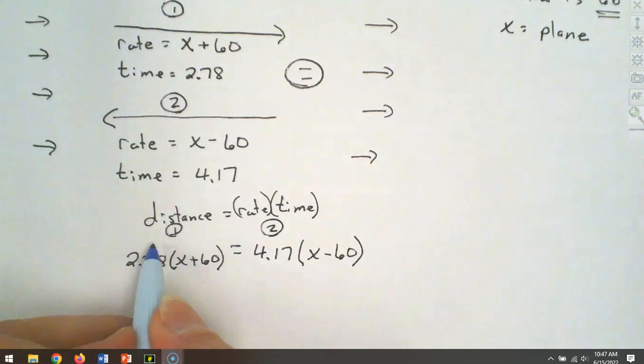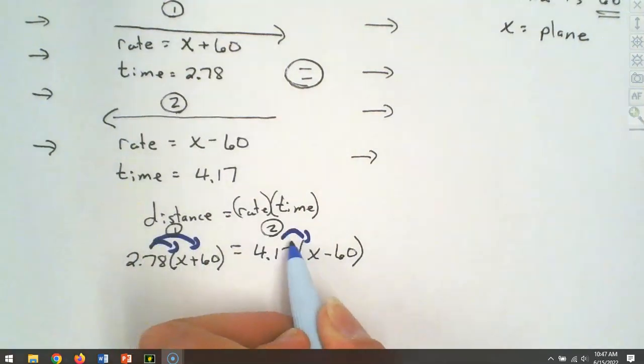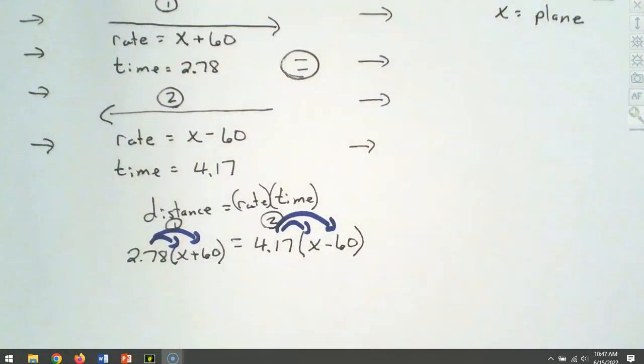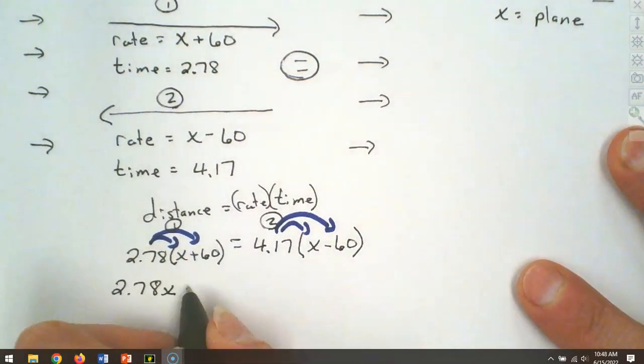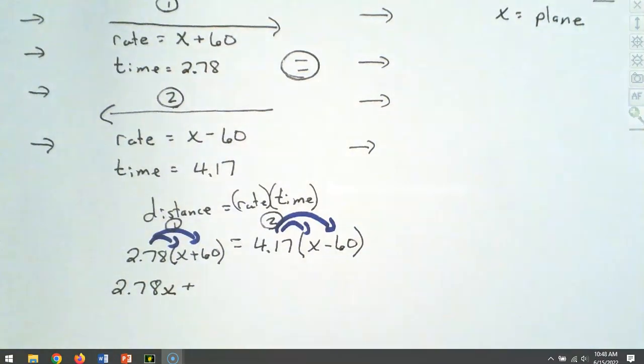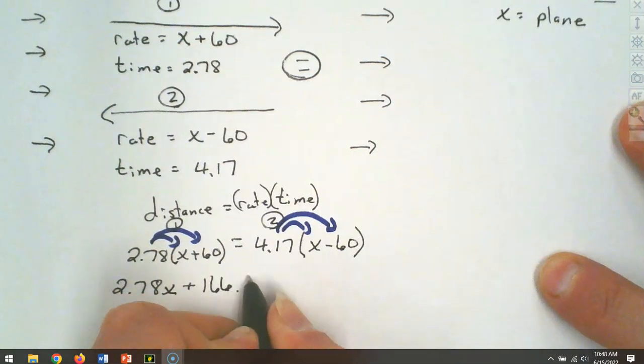I'm going to distribute that 2.78 through and also the 4.17 through. So use a calculator, distribute through. So that's 2.78x. And then we've got 2.78 times that 60, and that's 166.8.